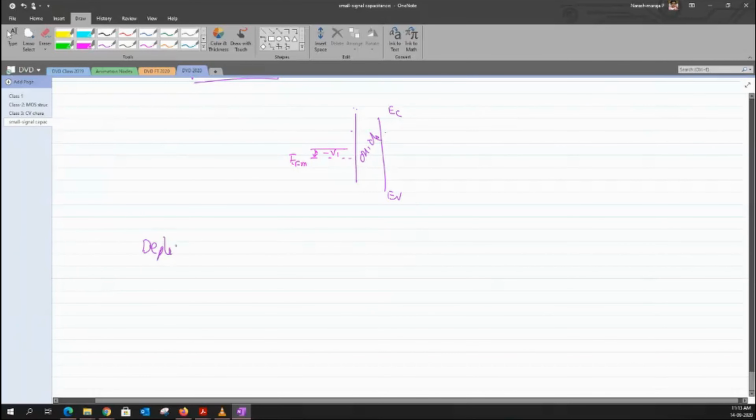Okay, so in the case of depletion, I have this oxide, and then there are Fermi levels. The Fermi level of our silicon will remain the same, a straight line.